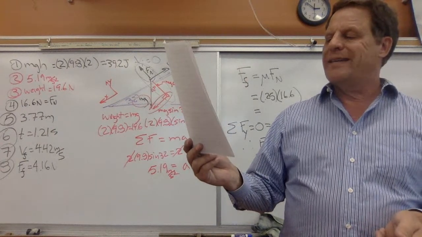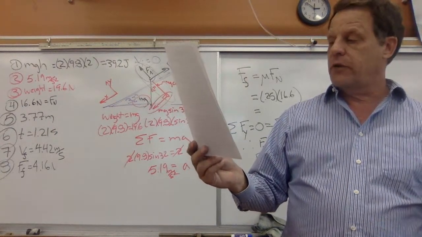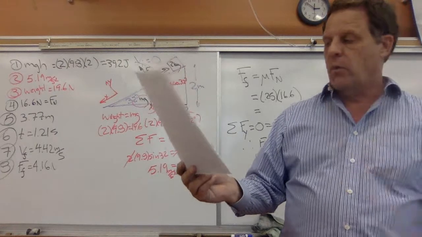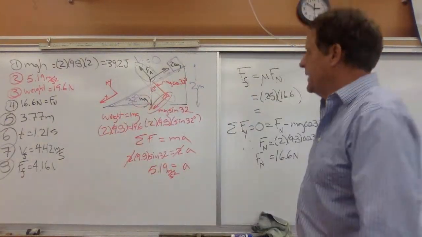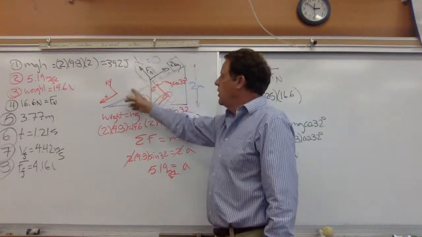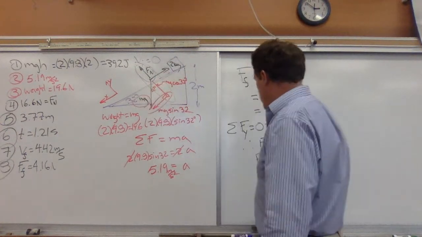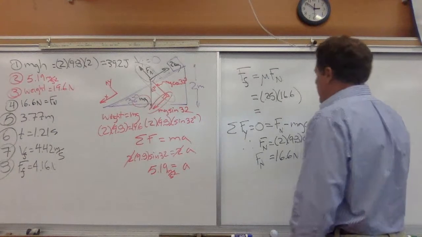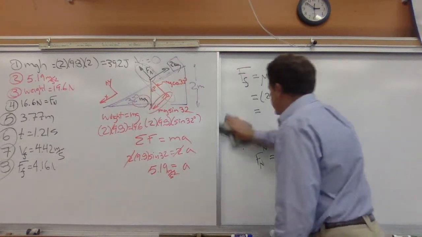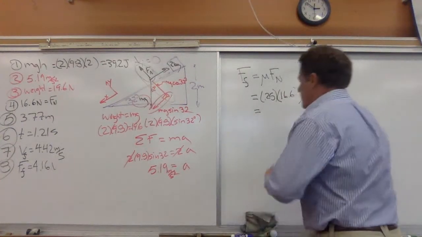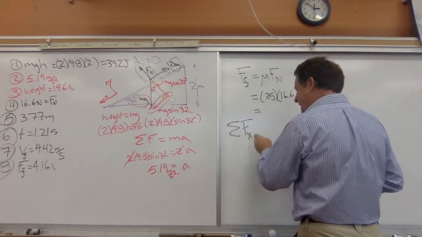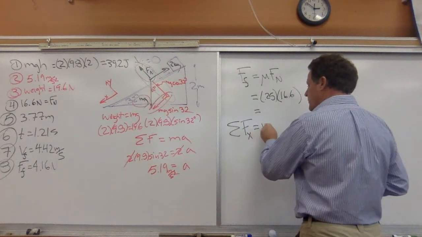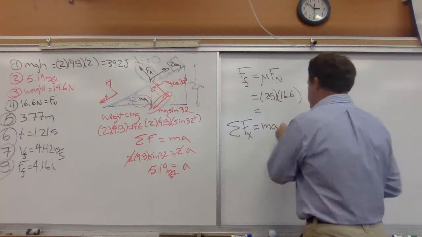Number 9, how long would it take the block to reach the bottom if the coefficient of friction was 0.25? So now we're going to combine our two equations here. And now we're going to say the sum of the forces in the x is equal to ma.